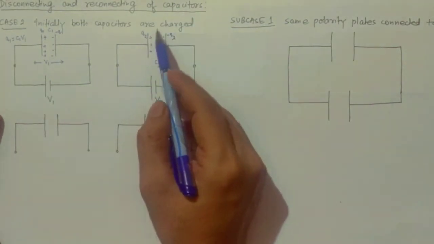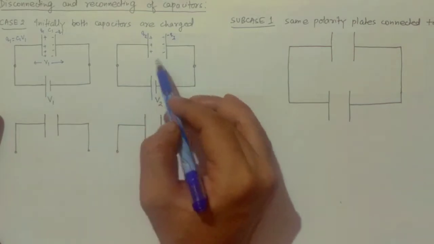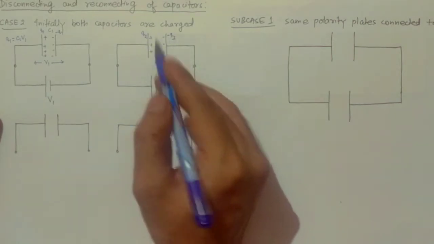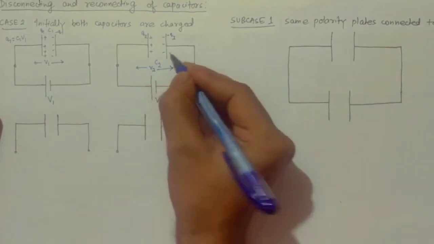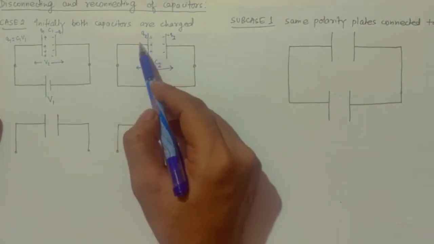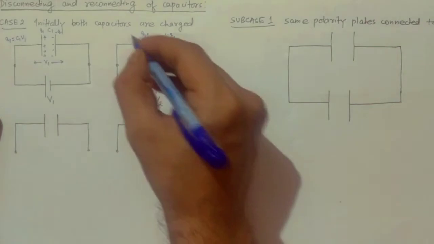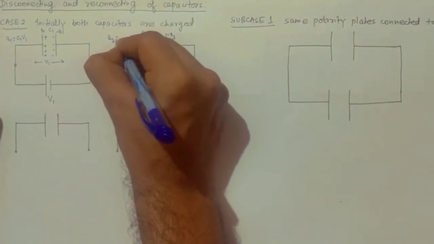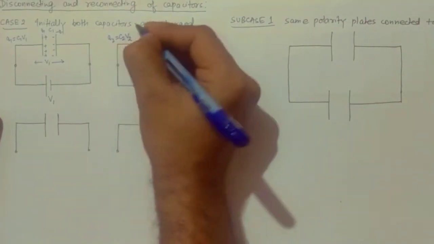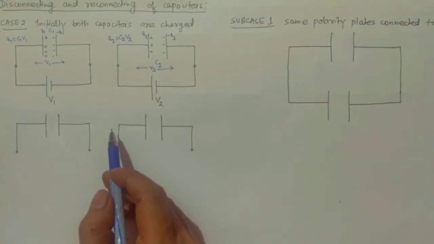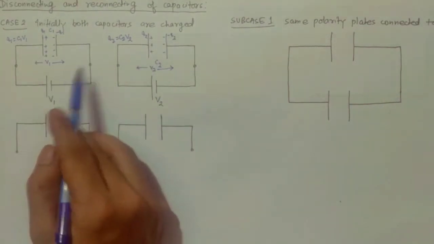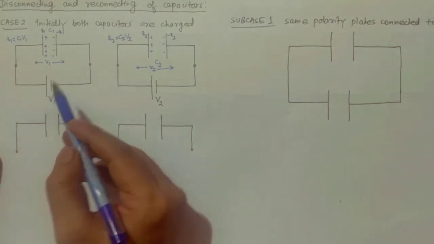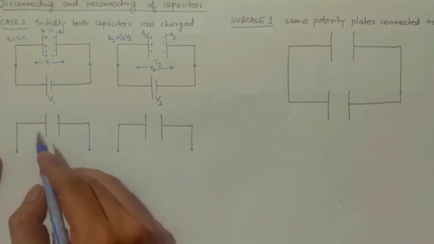The final potential difference across the plates of the capacitor will be V2. And Q2 will be equal to C2 into V2.